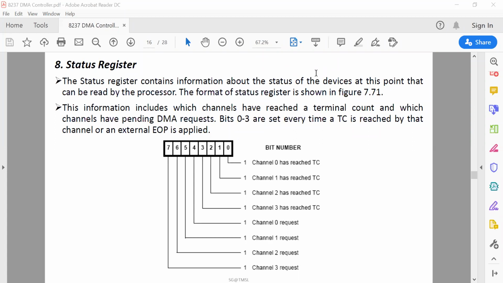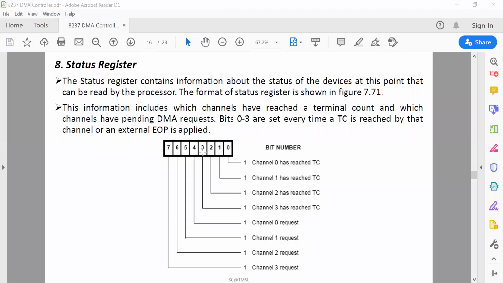The bits D0 to D3 are updated or set every time the corresponding channel reaches terminal count or an external EOP signal is generated. These are cleared upon a reset, and also on each status read operation.